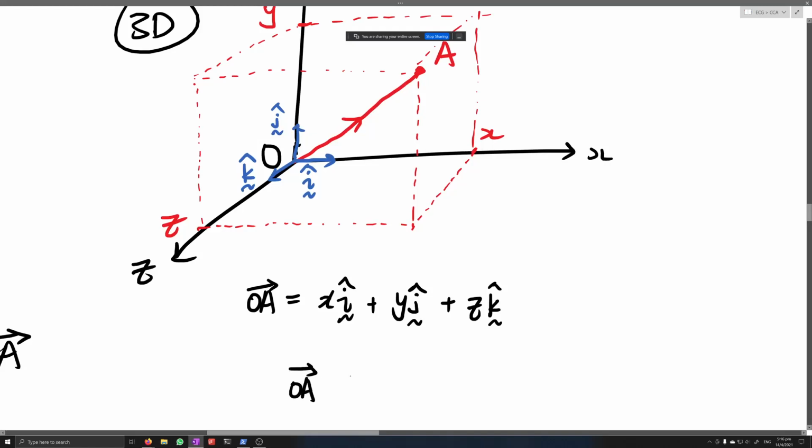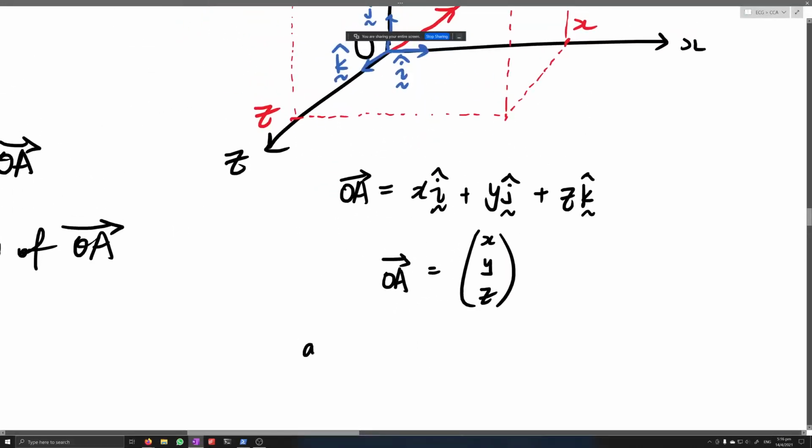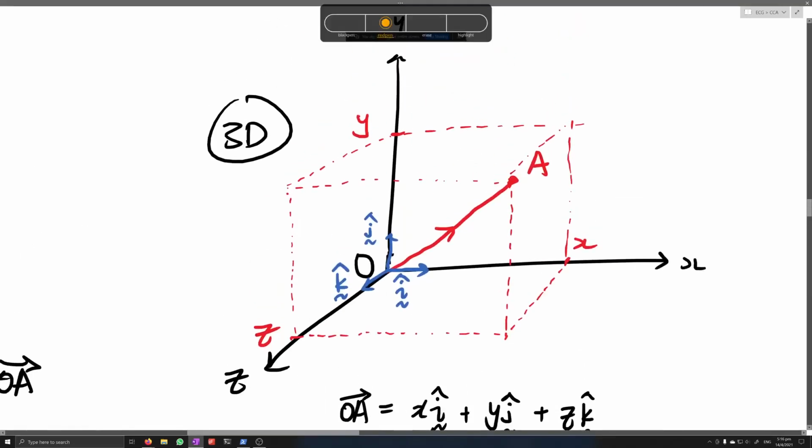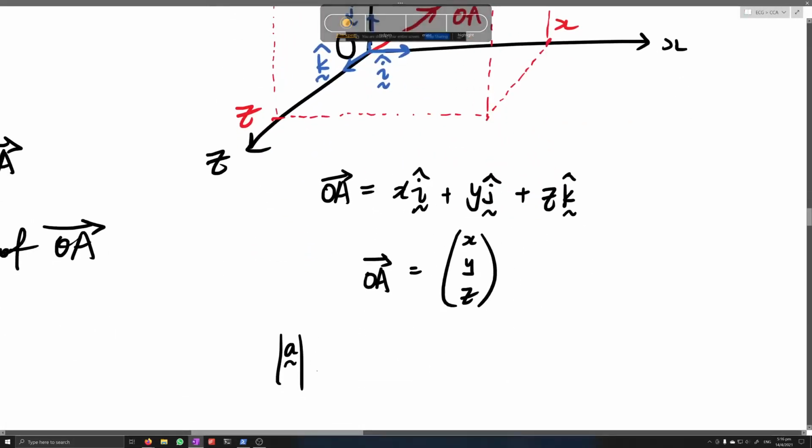Alternatively, if you want to put it in the column vector form, you get it like that. Then again, call this A. By Pythagoras theorem, the modulus is root of x squared plus y squared plus z squared.